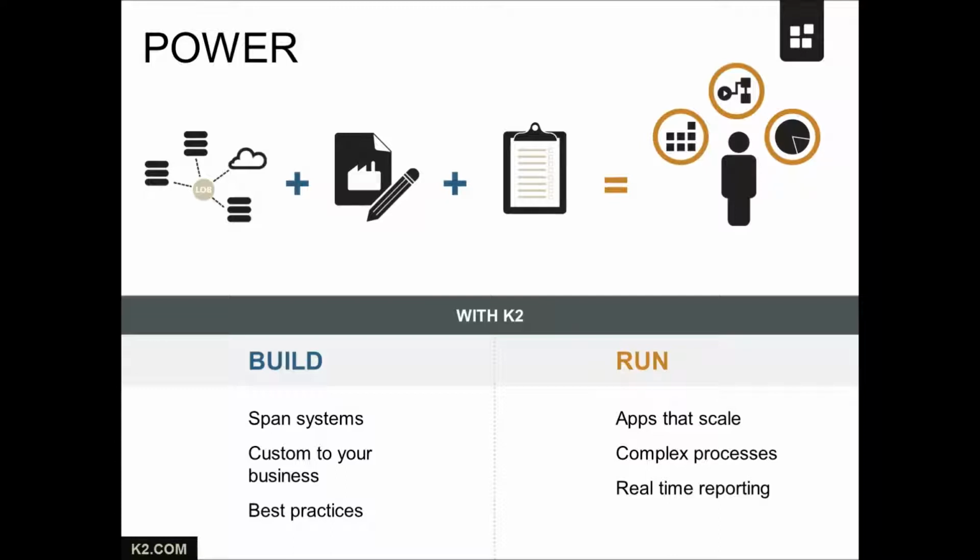Additionally, there's a level of complexity that K2 processes can enable, integrating with different systems and bringing all that information together at the same time for people to review, and then once decisions are made within the process, the K2 system can update those external systems quickly.